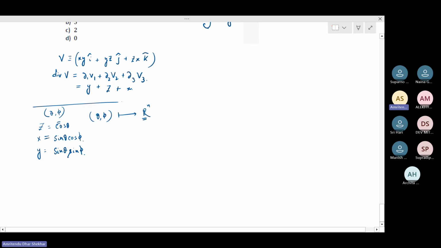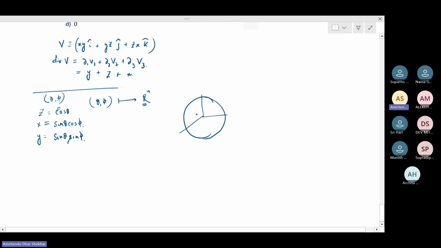If you have the sphere like this, this in itself is not a complete description of the sphere, because what are your limits of theta?